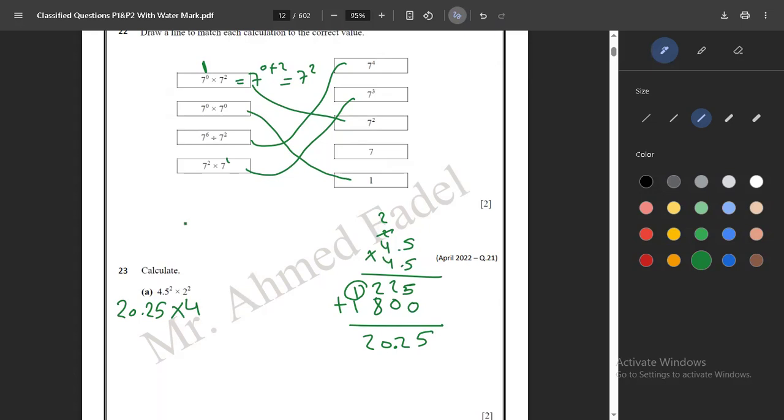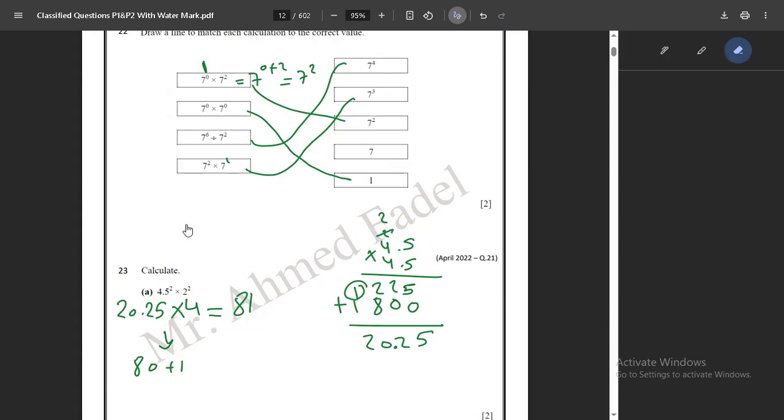Okay, good. If you know how to do this mentally, it is 20 times 4, which is 80. So this gives me 80 from 20 times 4. A quarter times 4 gives me 1. So it is going to be 81. But I don't know how to do it mentally. No problem at all. Just do 20.25 multiplied by 4, exactly the same way that we did over here.